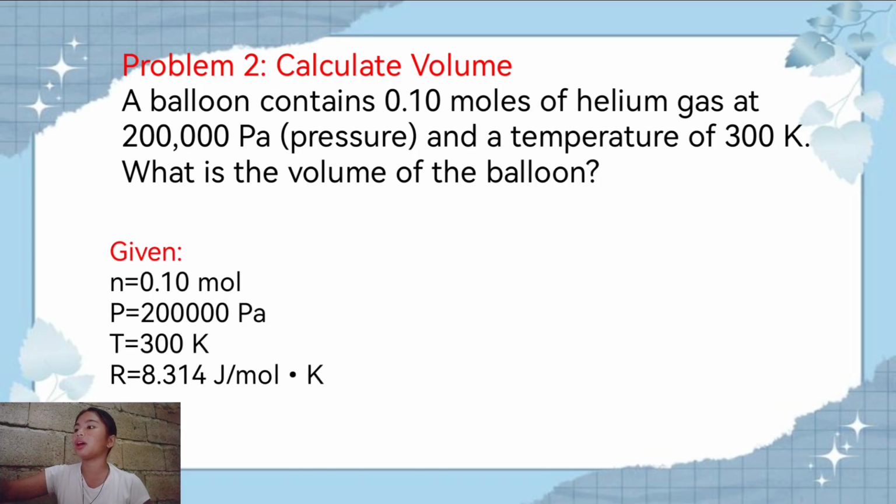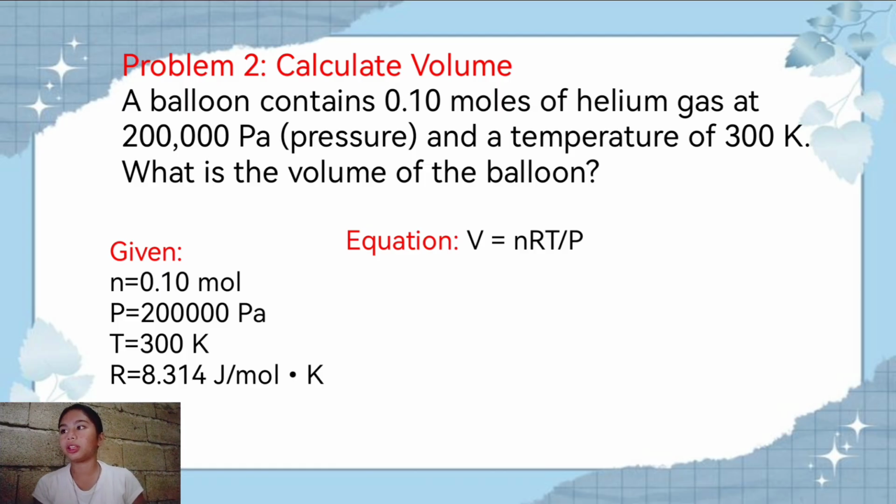And since ang pressure is in pascals, ang atong gamiton kay ang 8.314 joules. And ang formula nga atong gamiton is V equals nRT over pressure, kay ang volume man ang atong i-calculate.